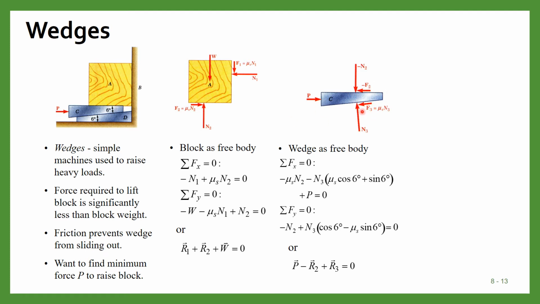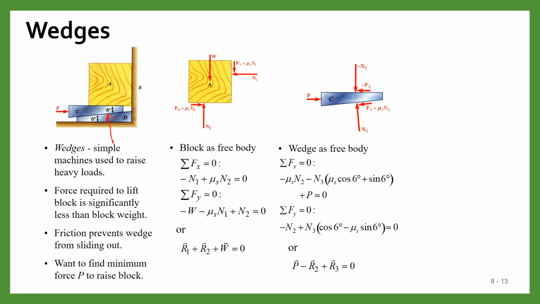And now these are the frictional forces which will act towards the bottom side of the wedge. So we have one normal force N3, which is normal to this surface. And similarly, since we are applying a force in this direction, we have some opposite frictional force F3, which will be equal to mu s N3.